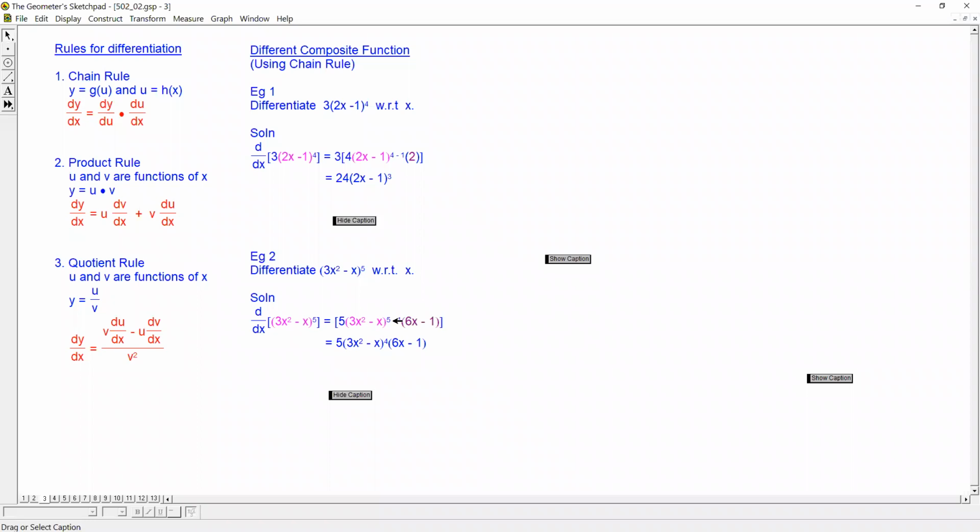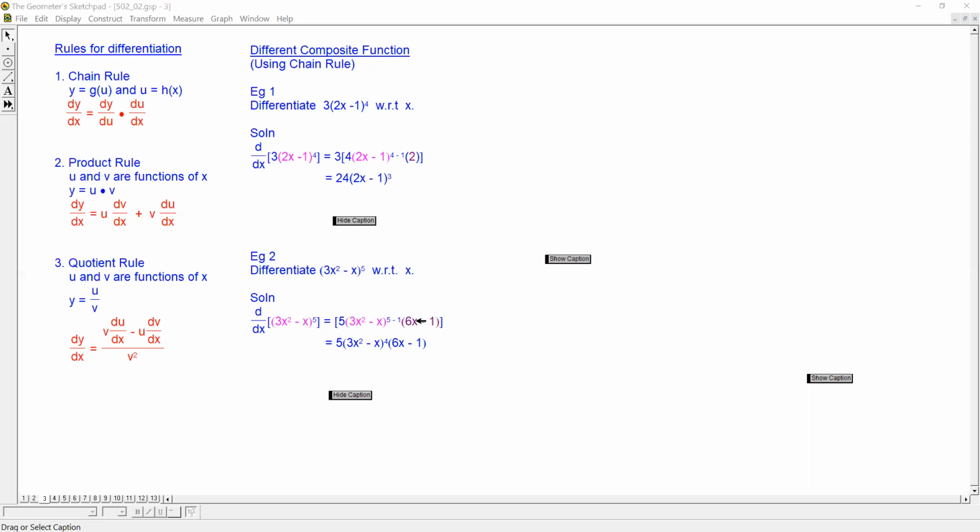Shelby, do you know what is the first step? Don't type, just talk. I want to differentiate this one. First step is what? Index number in front. Yes, put the number in front. So this index here, you put in front, 5.